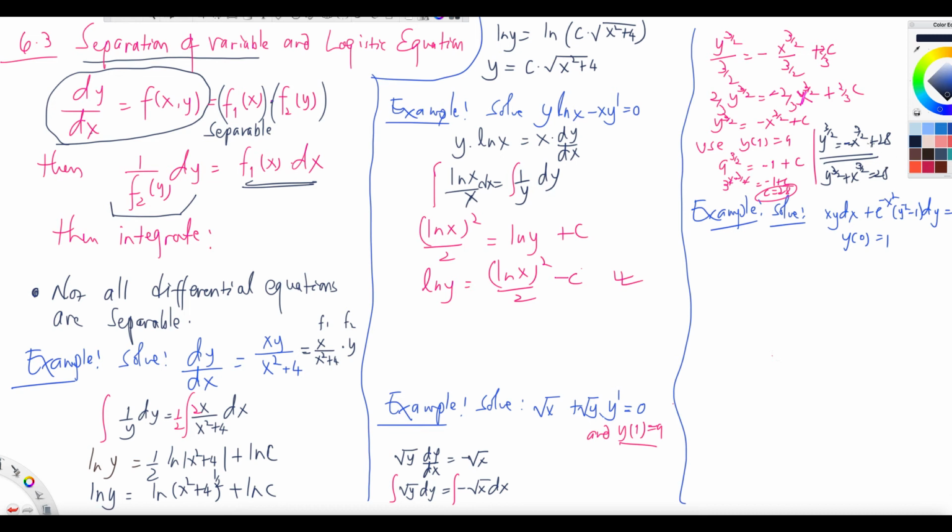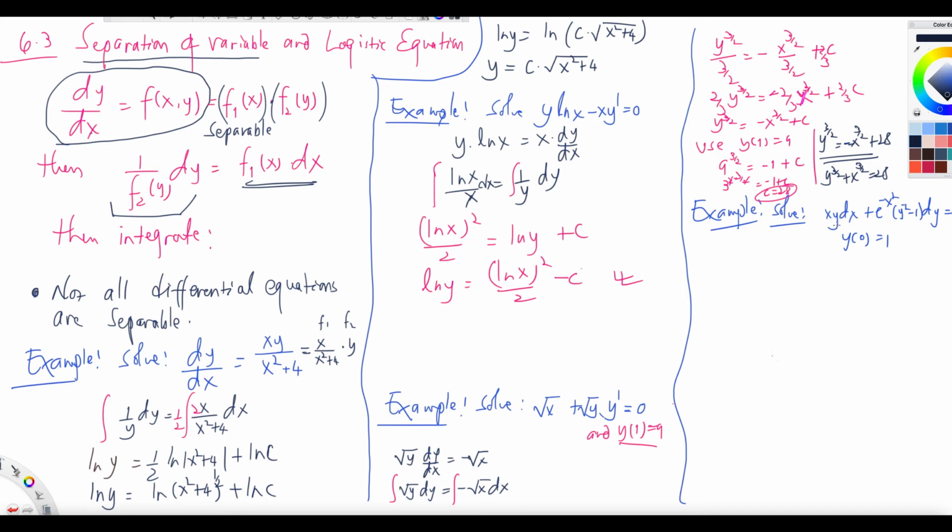That's the answer of this differential equation. So again, if the differential equation is separable, or if you can write the right hand side function of dy over dx as the product of two functions, a function of x and a function of y, then it is easy to solve that equation. Let us do this example.